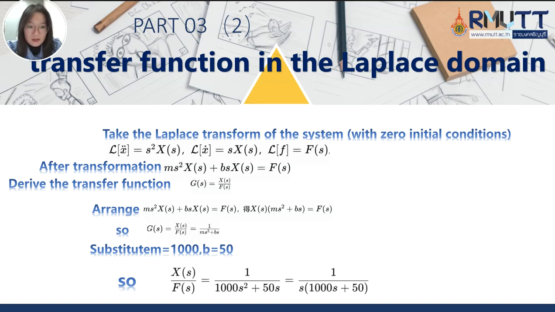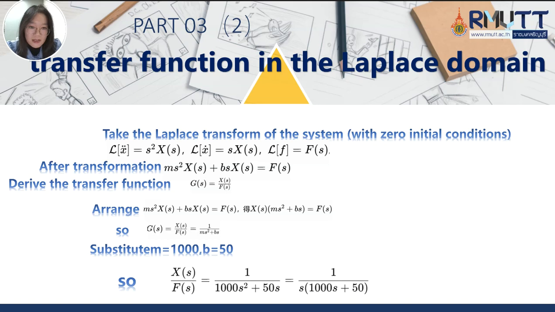According to the properties of the Laplace transform, the Laplace transform of x double dot t gives s squared X s, x dot t gives sX s, the Laplace transform of x t gives X s, and the Laplace transform of ft gives F s.